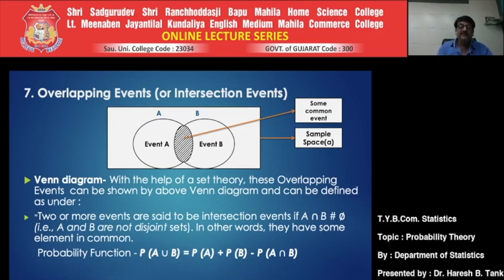So now the probability of A or B is equal to probability of A plus probability of B minus probability of A intersection B. It means the sum of the individual probabilities, but that common area is to be deducted from it. Right? Okay.